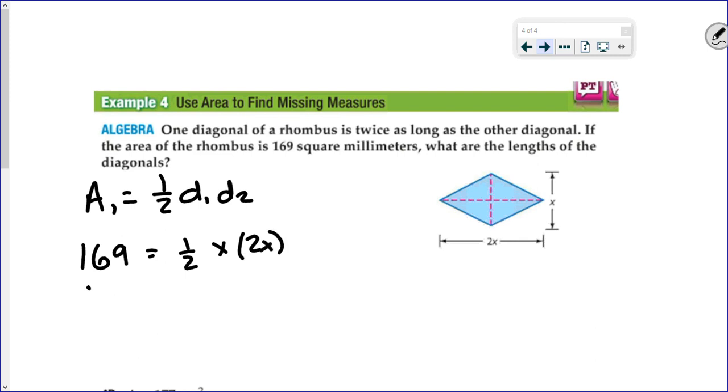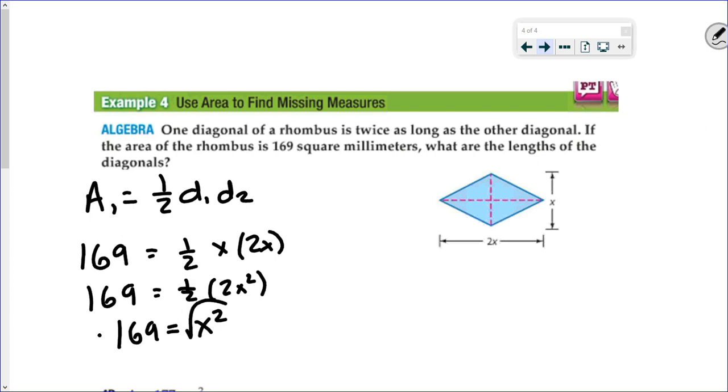So 169 equals 1/2 times 2x squared. 1/2 times 2 is just 1, so 1x squared. Square root both sides, and you get that 13 is equal to x. So x is 13, so diagonal 1 is 13 millimeters. And the one that is 2 times that would be 26 millimeters.